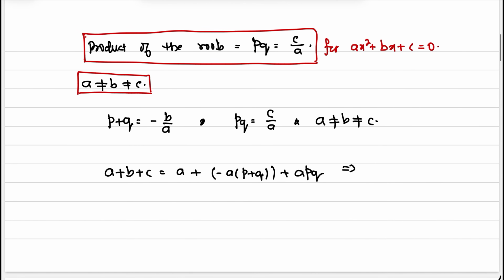That implies A plus B plus C is equal to A minus AP minus AQ plus APQ.